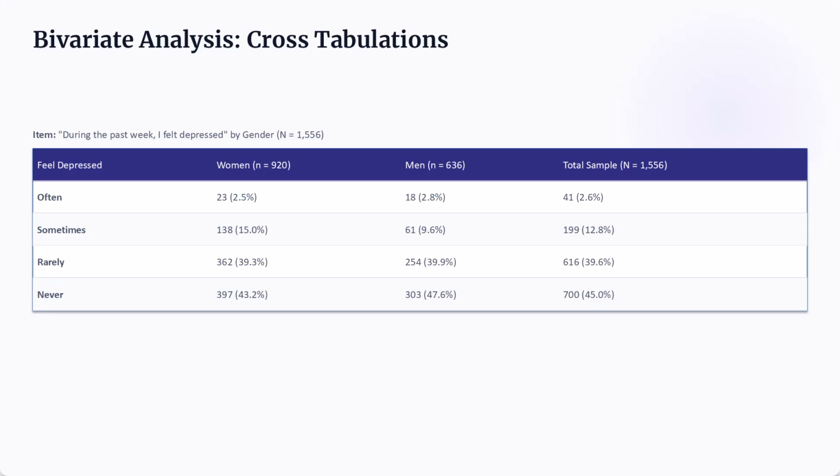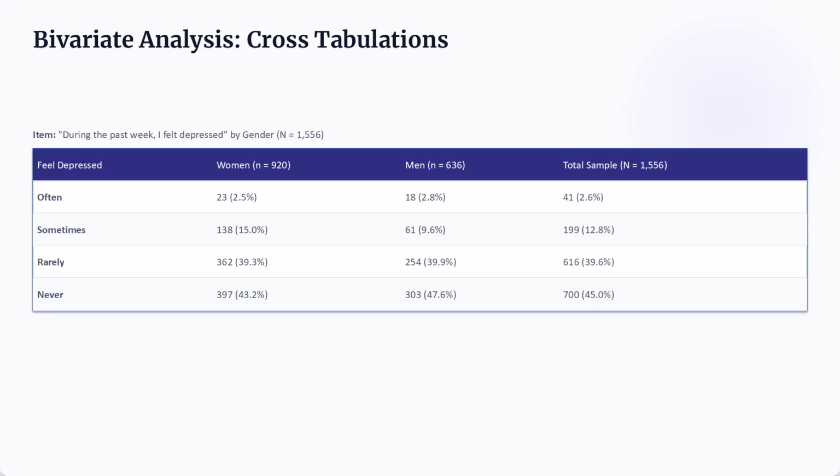Cross-tabulation, or crosstabs, examines conditional relationships between two categorical or ordinal variables. In this table, we analyze gender against responses to the statement, "During the past week, I felt depressed." When evaluating crosstabs, always compare column percentages rather than raw counts to account for differing group sample sizes.